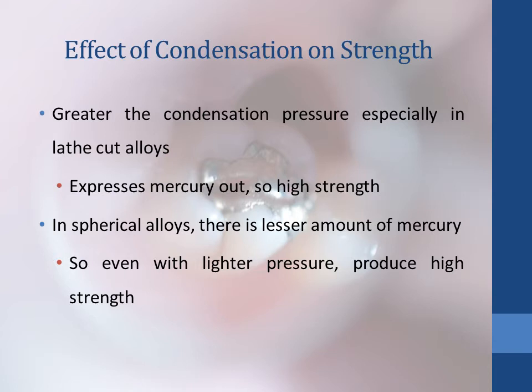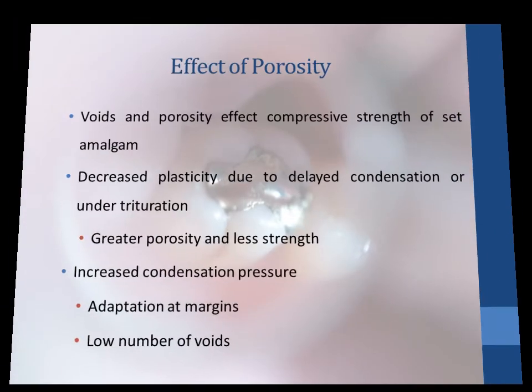The greater the condensation pressure you apply, especially in lathe cut alloys, the more it expresses the excess mercury out, so higher strength is achieved. However, in spherical alloys, as there is less mercury, light pressure even produces high strength. Even if you apply light pressure, because there's already less mercury, and when even that mercury gets removed, high strength is achieved.